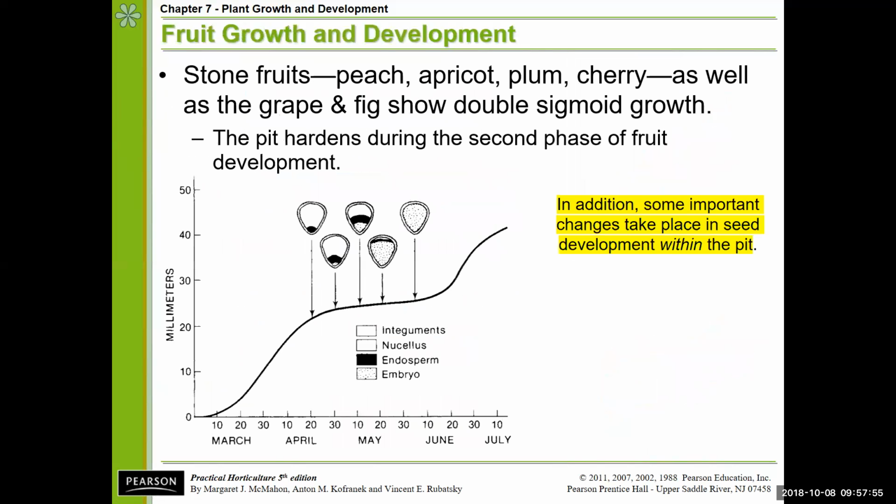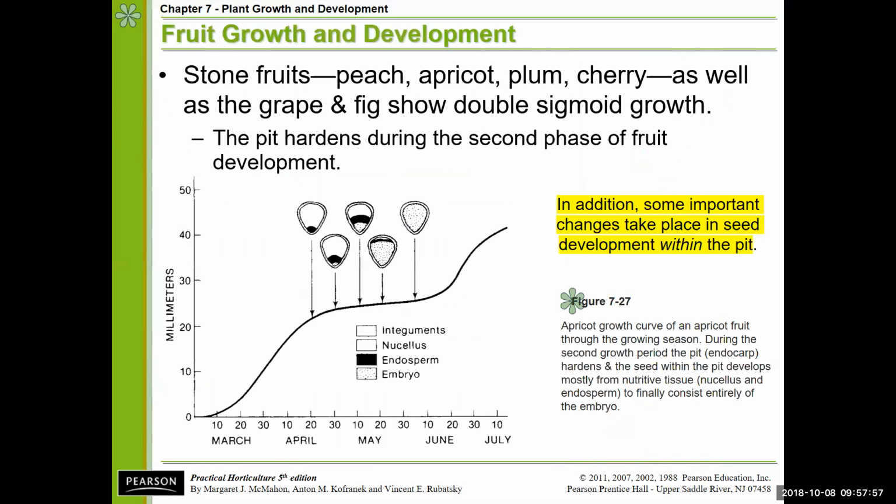And really that's mostly due to physiological developments within the plant, where first it might just be the endocarp developing outside of the ovules, but then there might be a second phase of fruit development resulting in the maturation of the seed inside. So a couple of different things going on there.